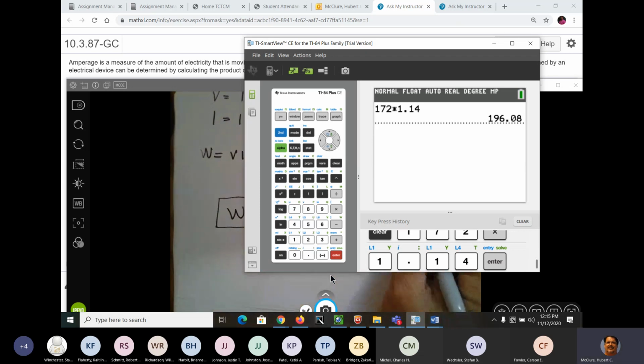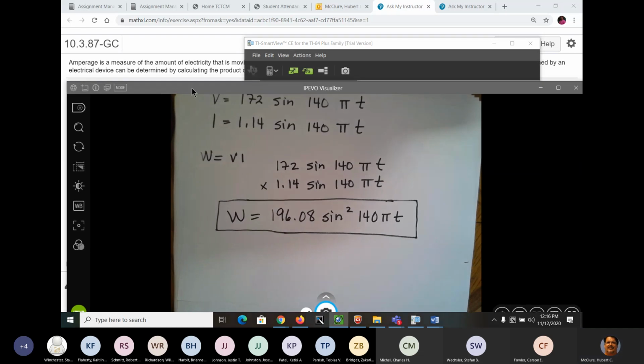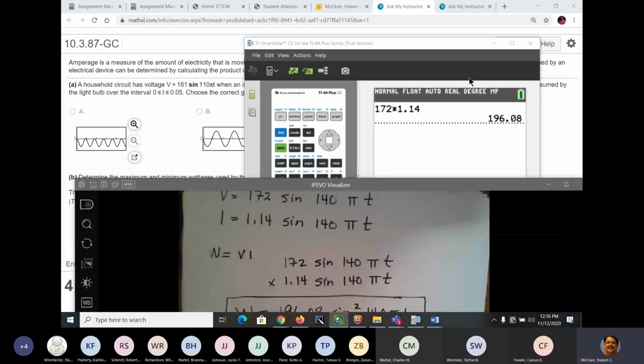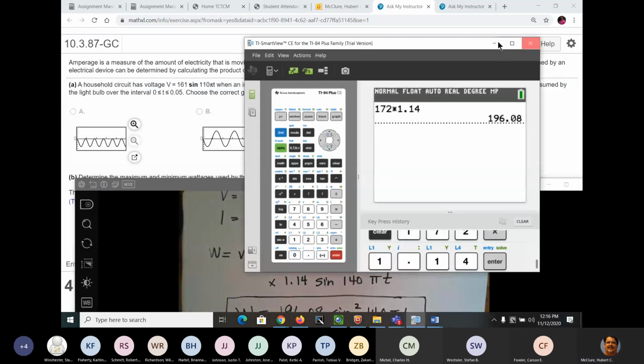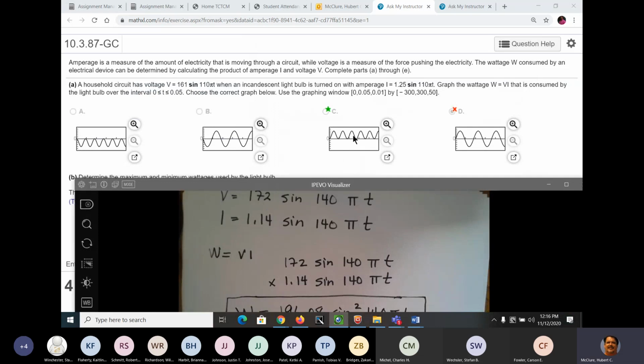Now, I really don't care about graphing it, but when you graph it, it's going to look pretty much like this right here. And you can find your max and your min. The max is the amplitude, which is how high it goes.